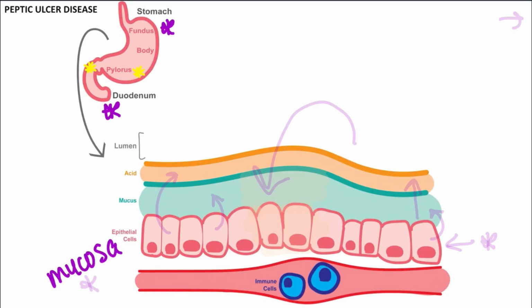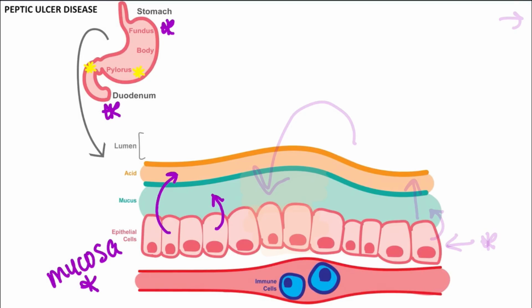So the mucosa is the one that includes those specialized epithelial cells lining the lumen. And remember, these are the cells that are going to secrete the gastric acid in the stomach, the various kinds of GI hormones, and most importantly for today, these will be the cells that are secreting mucus and bicarb to protect the mucosa in the stomach and the most proximal part of the duodenum.